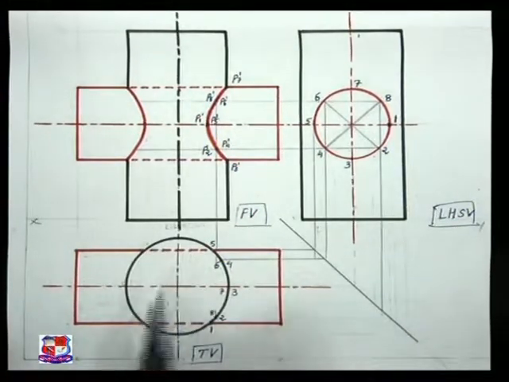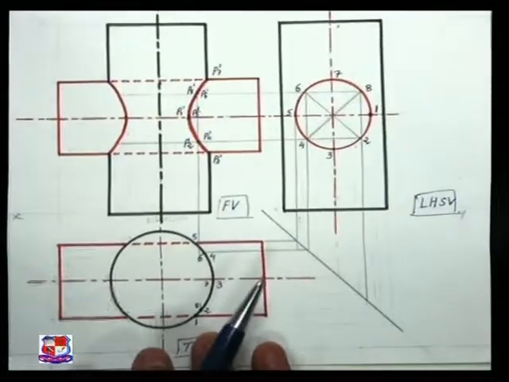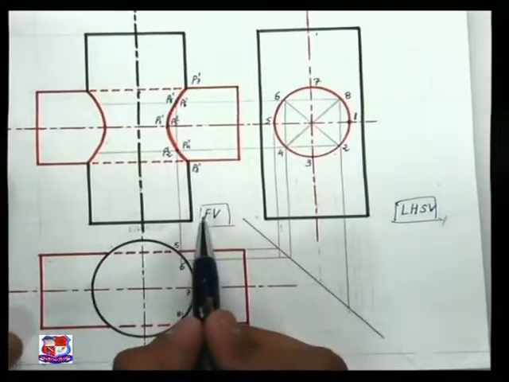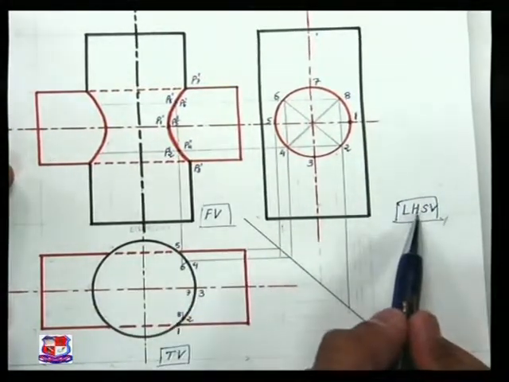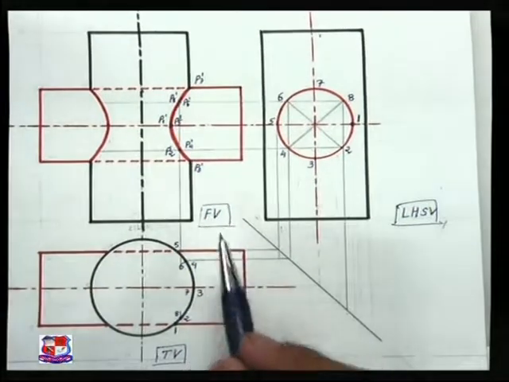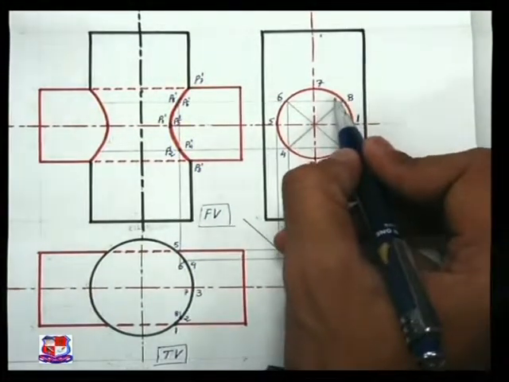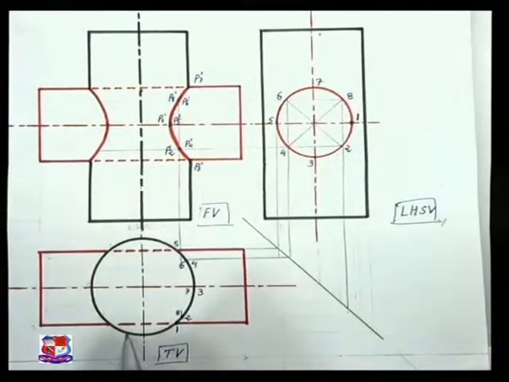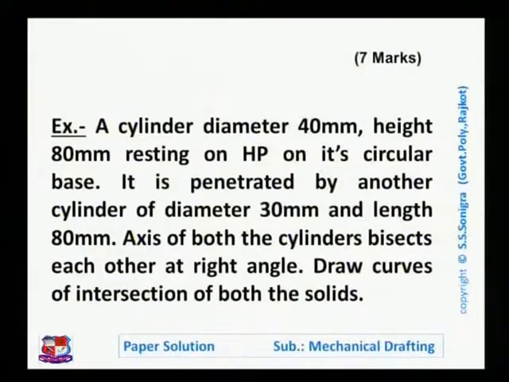Dotted line 1 and 2. So this is the solution of this problem. Name the views: front view, left hand side view, top view. You need to insert the dimensions, like this is diameter 40 mm, this is diameter 60 mm, 40 and 30, and height is given as 80 mm in both the cases.